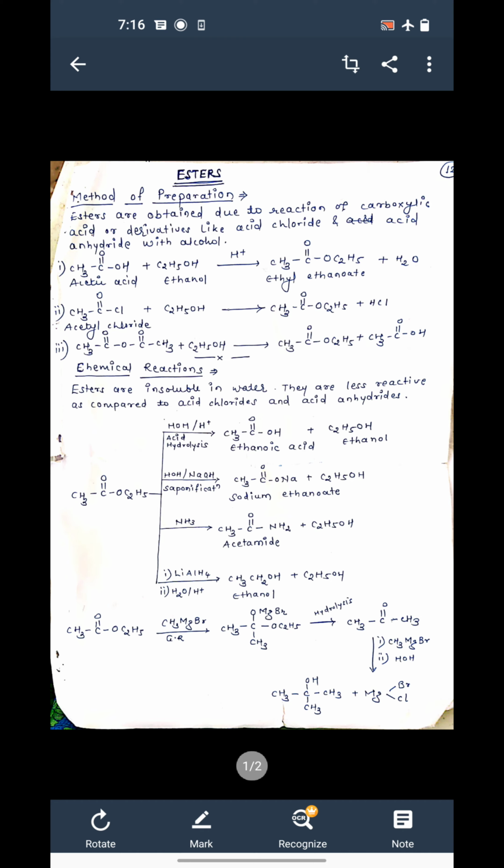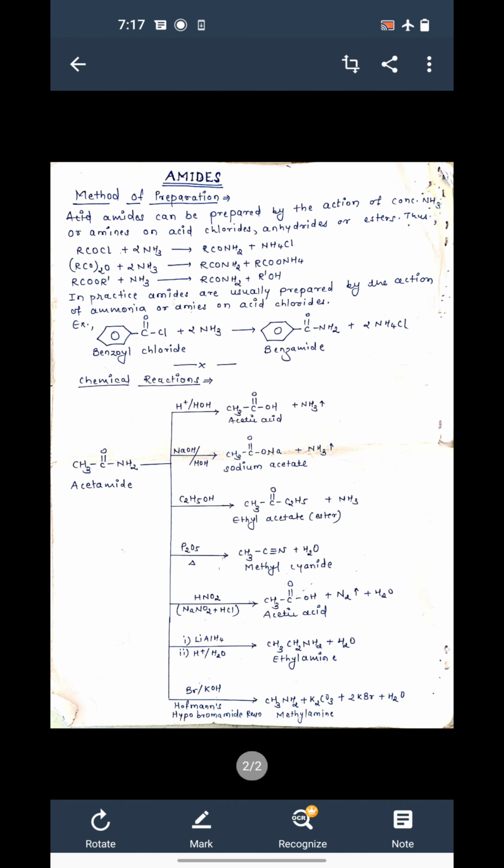Addition reaction across the C double bond O takes place to form an addition product. It is unstable. Immediately hydrolysis takes place and we get the ketone. Again that ketone reacts with another molecule of the Grignard reagent, and finally we get a tertiary alcohol here. So these are the chemical reactions of ester.